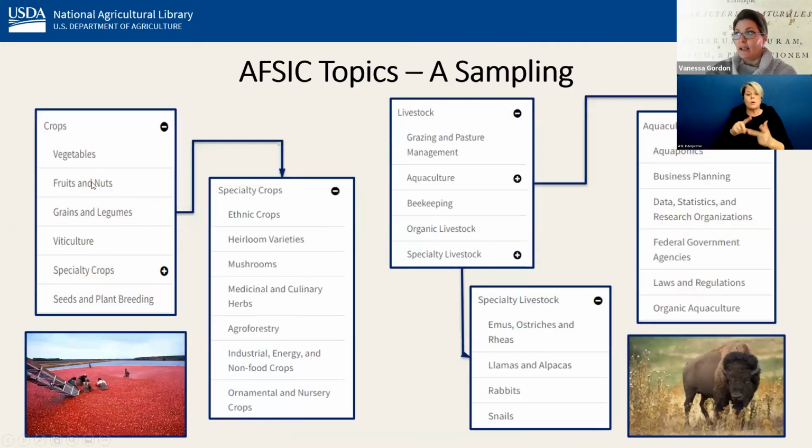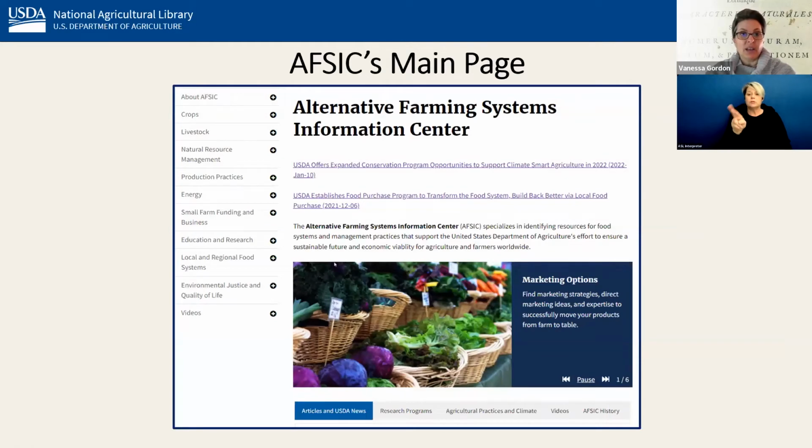So this is AFSIC's main page, just so you can see what it looks like. And you'll see on the left that there's a diverse array of topics that we're not going to go into today. On the left-hand menu, you will also be able to find, as Stephanie was just speaking about, the actual science behind agriculture, scientific research articles and news articles, news releases, and things like that.